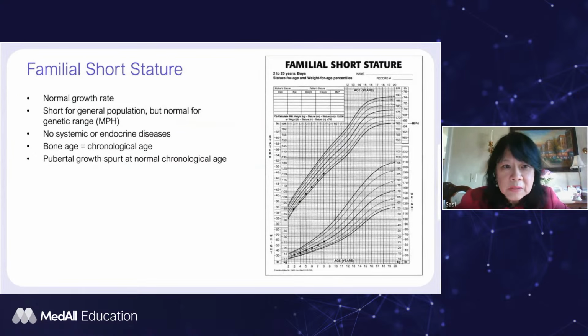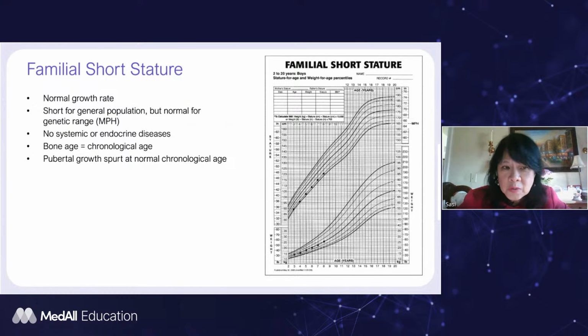For familial short stature, the key is that the growth rate is always normal. If we look at the growth records, height is tracking along the same growth percentile and is consistent with the mid-parental height. So we know this is familial short stature if we have very good growth records like this.